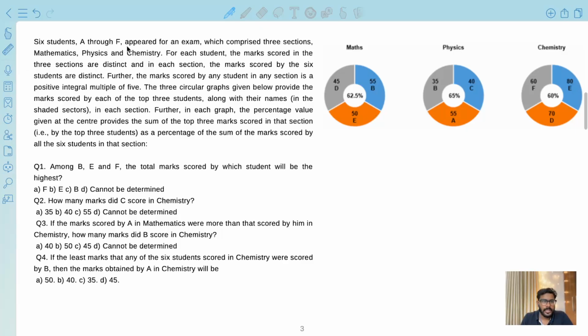Six students, A through F, appeared for an exam which comprised three sections: mathematics, physics, and chemistry. For each student, the marks scored in the three sections are distinct, and in each section, the marks scored by the six students are distinct.